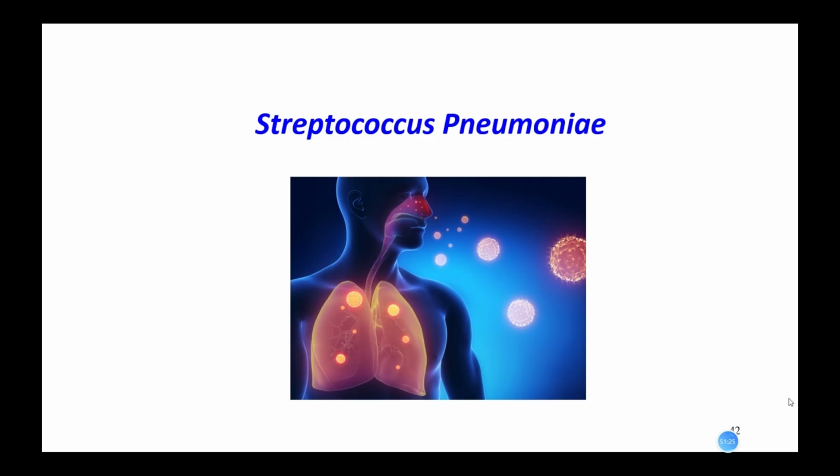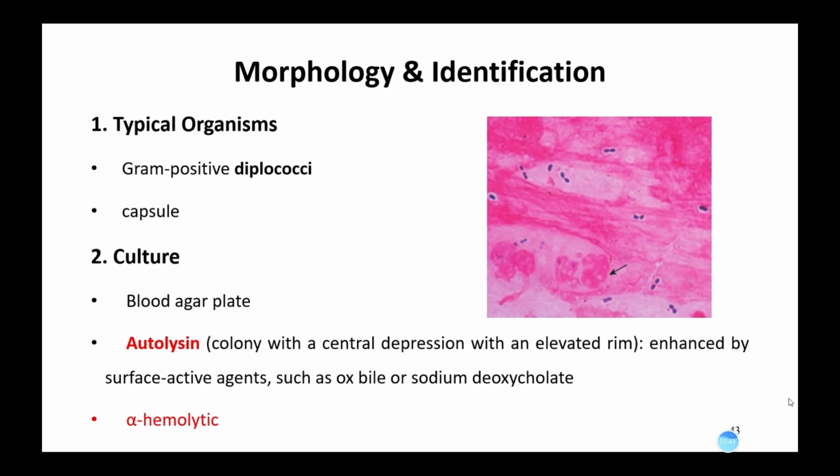Streptococcus pneumoniae. From the name, you know that this is a pathogen which can cause lung infection, right? So that's a major clinical finding. Let me show you the morphology of this bacteria.